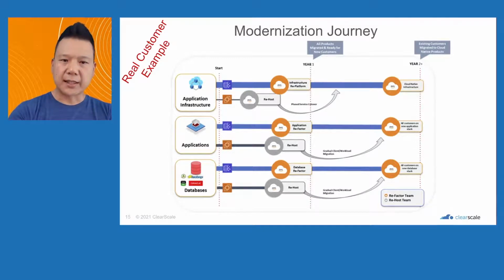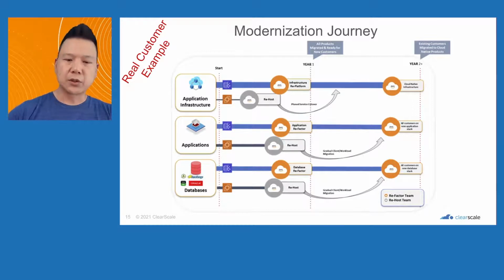So in order to exit the data center, there was a lot of containerization, new product builds, all of these areas. So we replatformed the infrastructure, refactored a ton of applications. We even refactored some of the databases, right? So moving off of DB2 into Postgres, for example, going from Hadoop to EMR.